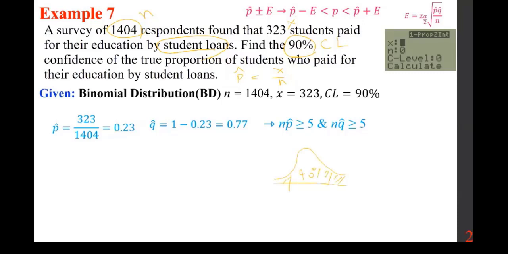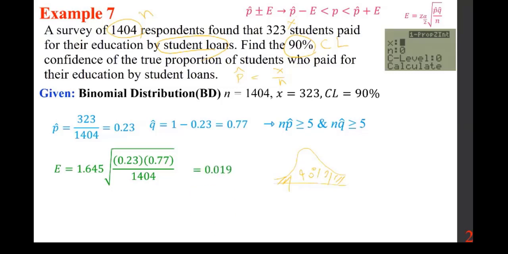These are the tails, and you need to look up the z-score, and we remember it's one of those common ones, or you can pick it up from the table, 1.645. So if we use that, we are using the top right formula, and we know z is 1.645 because of that 90% confidence level. So you calculate it and E becomes 0.09.